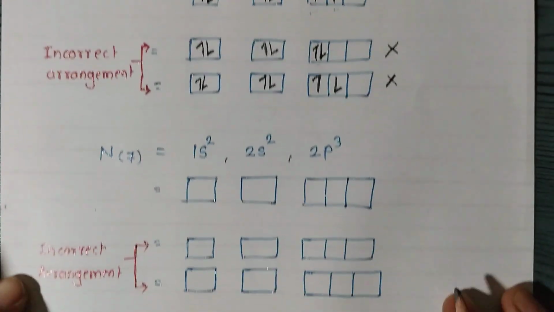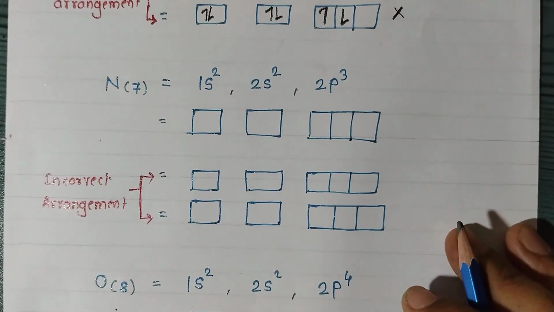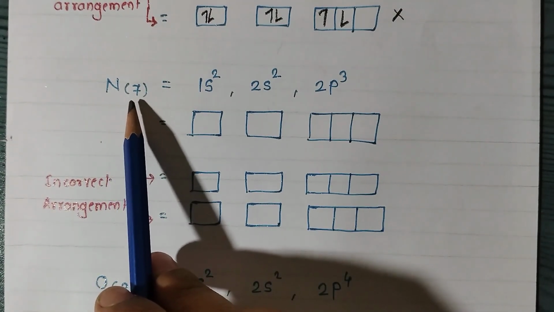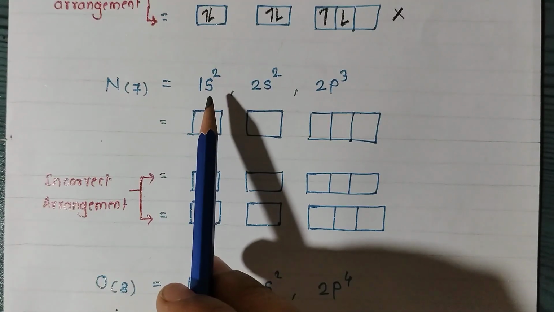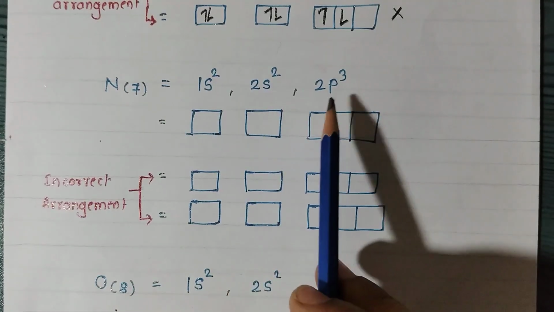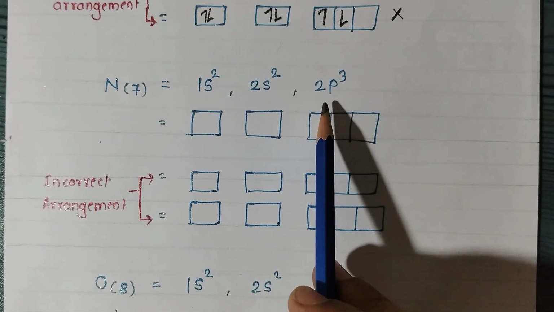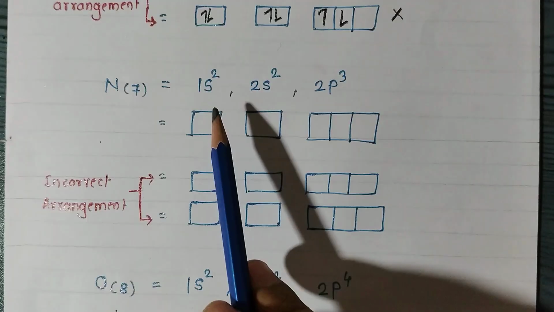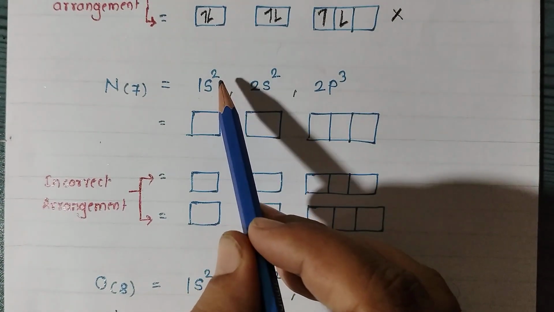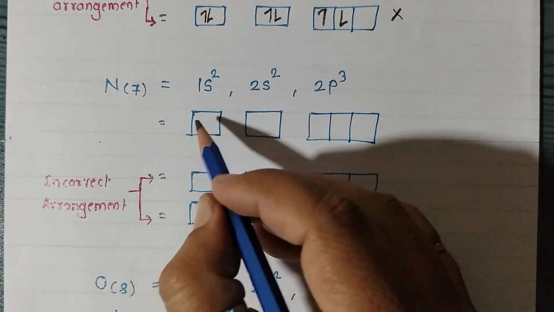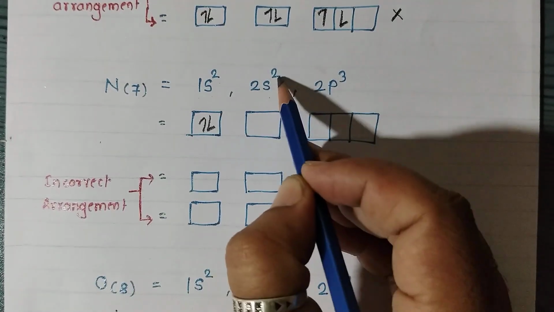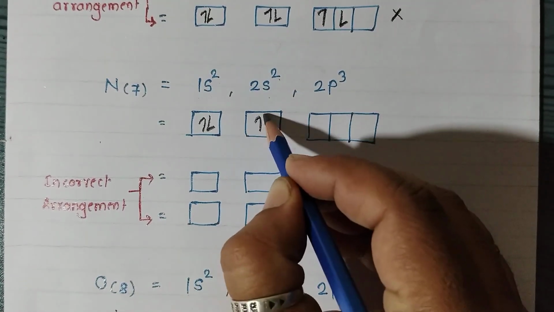Now we understand with another example. Suppose we take nitrogen, having atomic number 7. Then we can write the electronic configuration of nitrogen as 1s2, 2s2, 2p3. So how can we fill these electrons in these orbitals? As we know, the s orbital has a capacity of maximum 2 electrons, so 2, and in the 2s also 2.